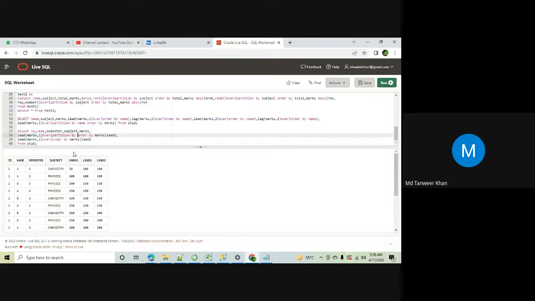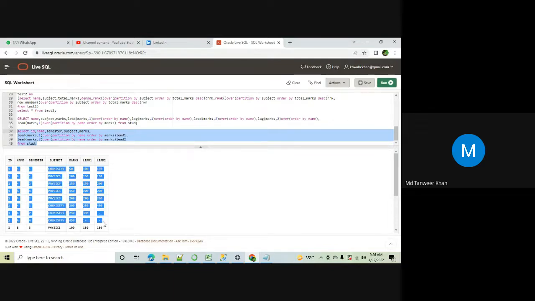So I want to give partition by name, and partition by name here as well. Now you see, again, partition by name. First of all, it will make partitions of name. A is one partition, right? All the A are in one partition.